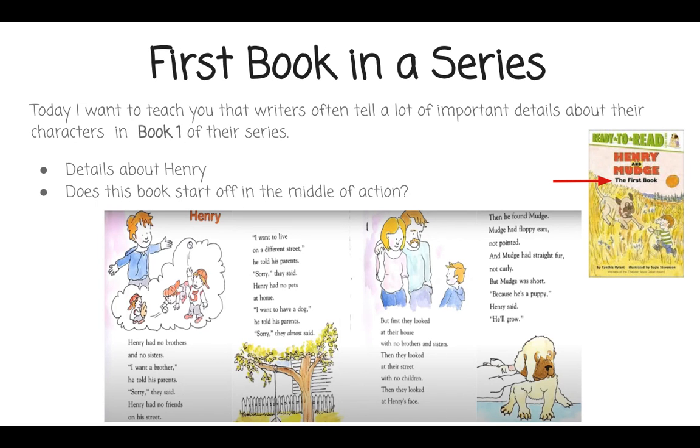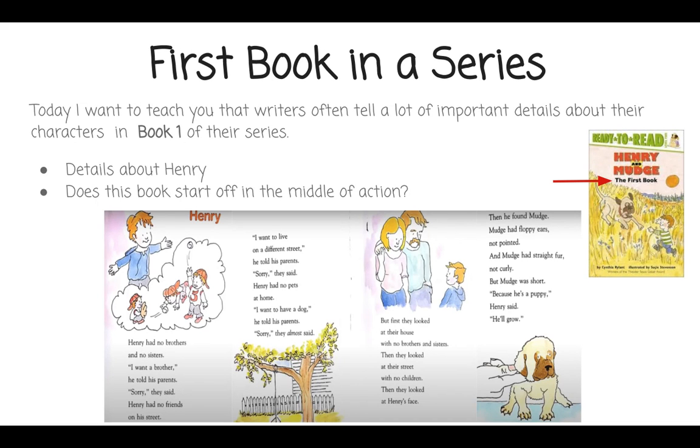So as I was looking at Cynthia Rylant's first book of Henry and Mudge, I noticed a few things. Below, I have some examples of the first few pages in her book. We learned that Henry had no brothers and no sisters and nobody to play with on his street.